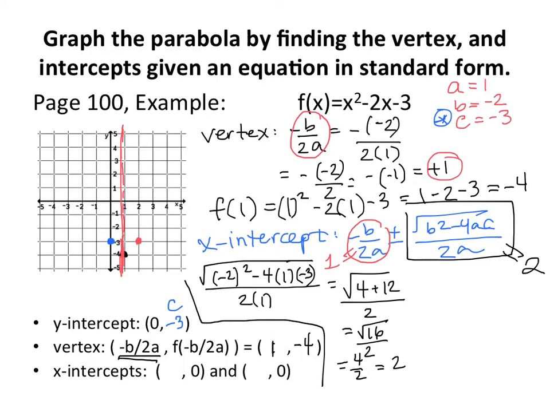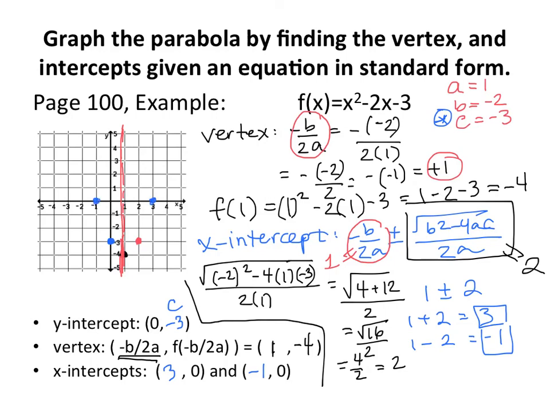If this side is worth 1 and this is worth 2, we can rewrite that as 1 plus or minus 2. 1 plus 2 is 3. 1 minus 2 is -1. So these are our 2 intercepts. I'm going to plug it in over here and then graph 3, 0 and -1, 0.